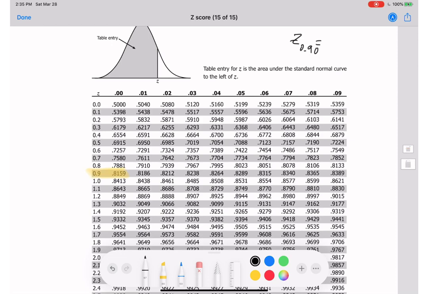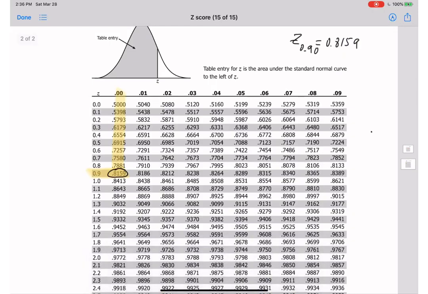So we are going to take this second position as a 0, and my answer is going to be 0.8159. Now let me refresh your memory one more time before I move on.